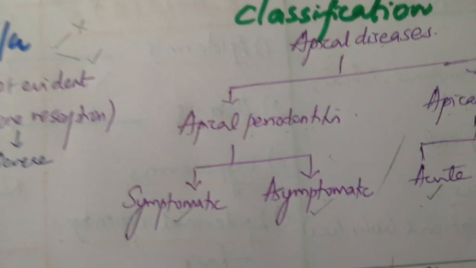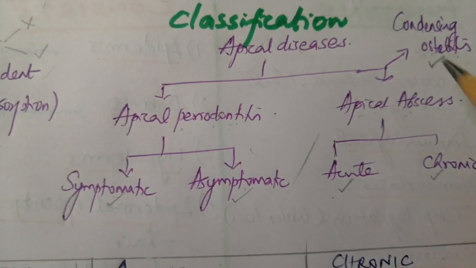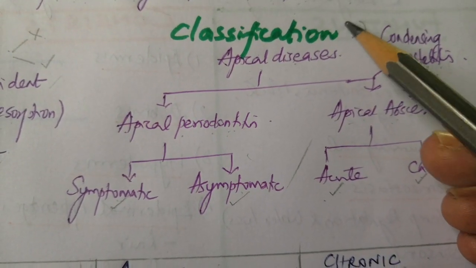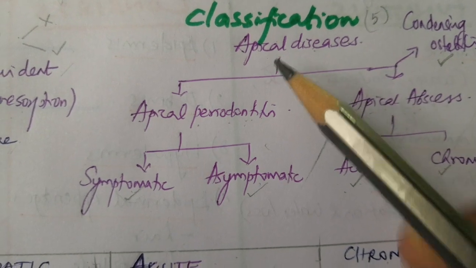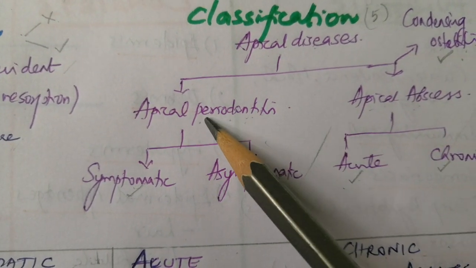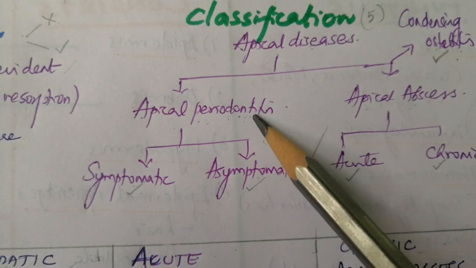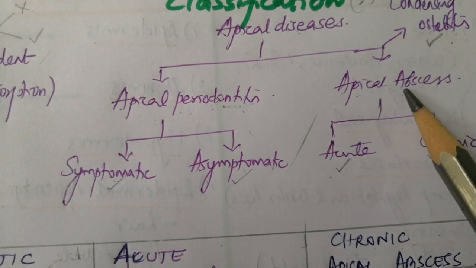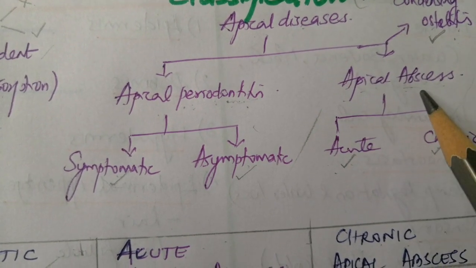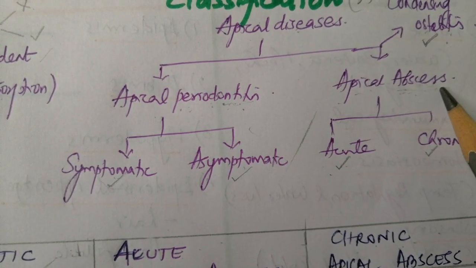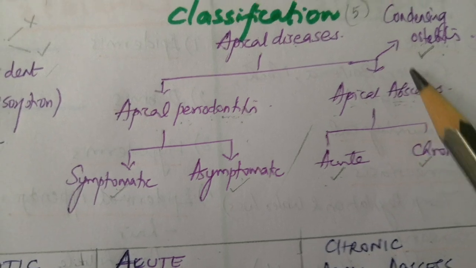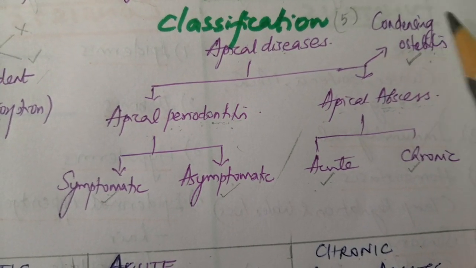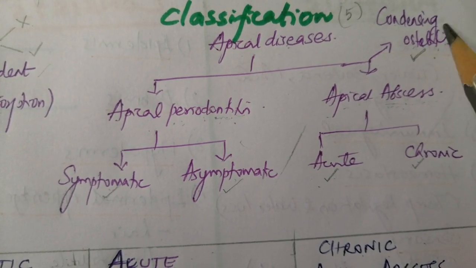Then coming to the classification, there are totally 5 apical diseases. Apical diseases are classified into apical periodontitis, which is just an inflammation of the periodontium; apical abscess, which is a purulent exudate collection in the apical region; or condensing osteitis, which is seen in low grade infection.